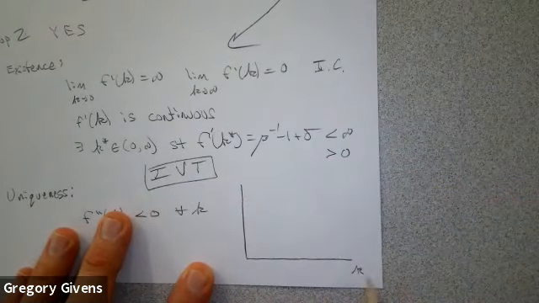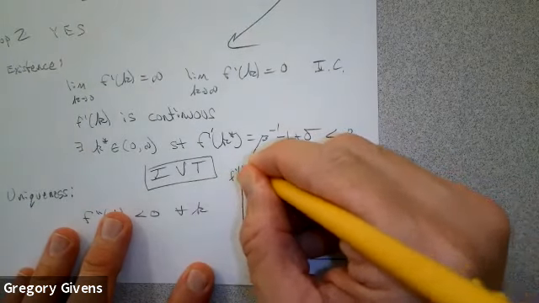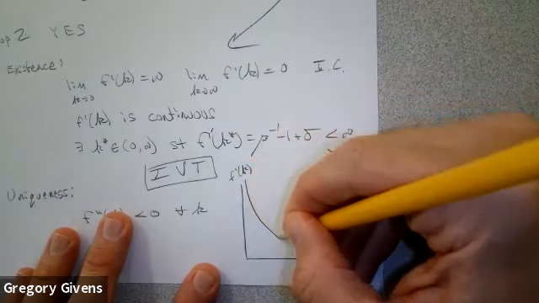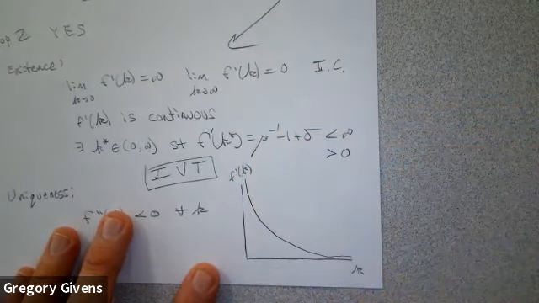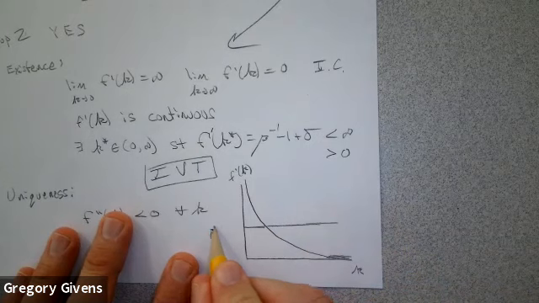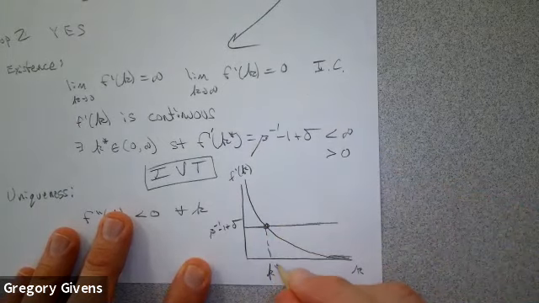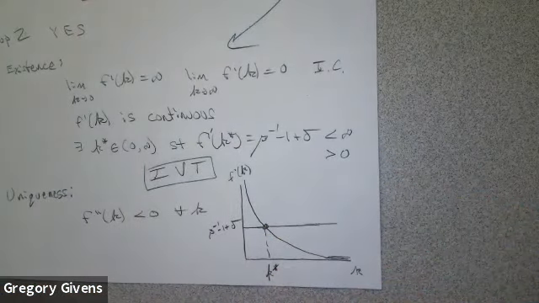Here are the different possible values for k. I'm going to graph f prime of k. It looks like this because of the Inada conditions and because f is strictly concave. The intersection gives me k star. Yep.